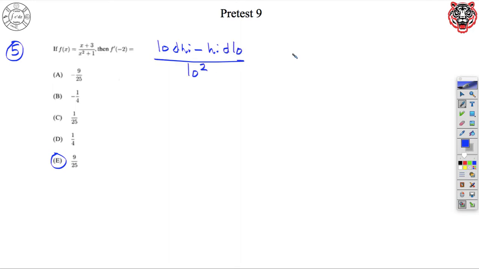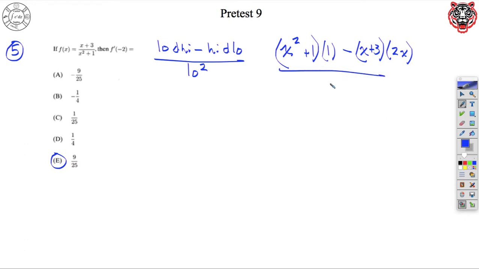Low is x squared plus 1. The derivative of high is 1. I'm going to subtract high, which is x plus 3, times the derivative of low, which is 2x. All of this divided by x squared minus 1 to the power of 2. I could simplify, but I'm not. I'm going to immediately plug in -2. That's the fastest way.